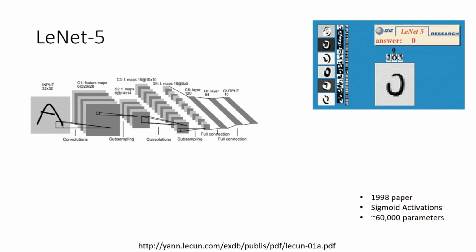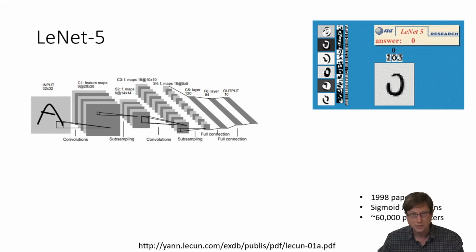This is from a 1998 paper, so it's pretty old, and computers weren't fast then. Computers have made a lot of progress, particularly with GPUs and all of that. Knowing that there are 60,000 parameters in this network, it's small by modern standards, but it's large in some sense. And this paper still uses sigmoid activations throughout. In a couple of slides we'll see what another option is and why that's important, but for now, sigmoid.